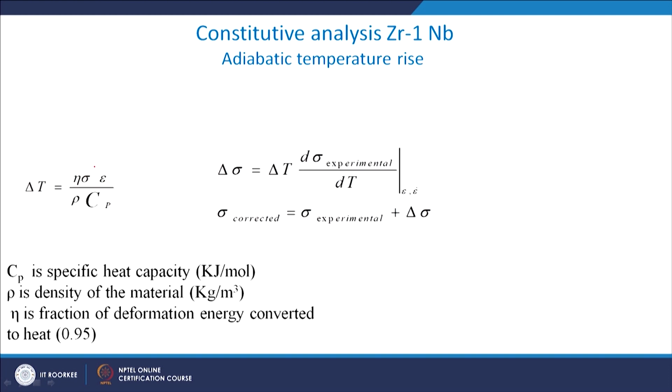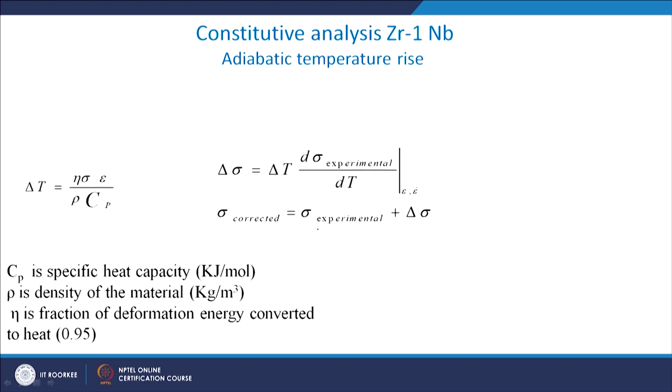Eta is the fraction of deformation energy converted to heat, sigma is of course the flow stress, epsilon the strain, rho is the density of the material, and Cp is the specific heat capacity. The delta sigma can be calculated from the slope of variation of stress as a function of temperature, d sigma by dT, multiplied by delta T. So, you can do a correction to the flow stress.